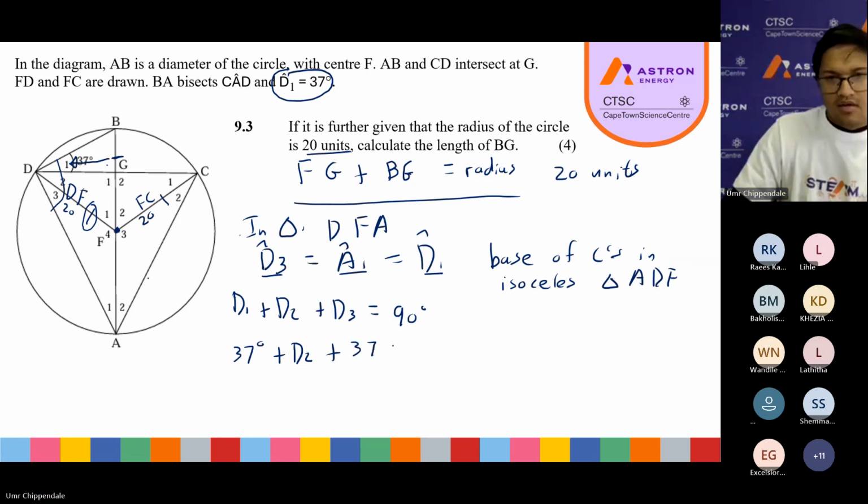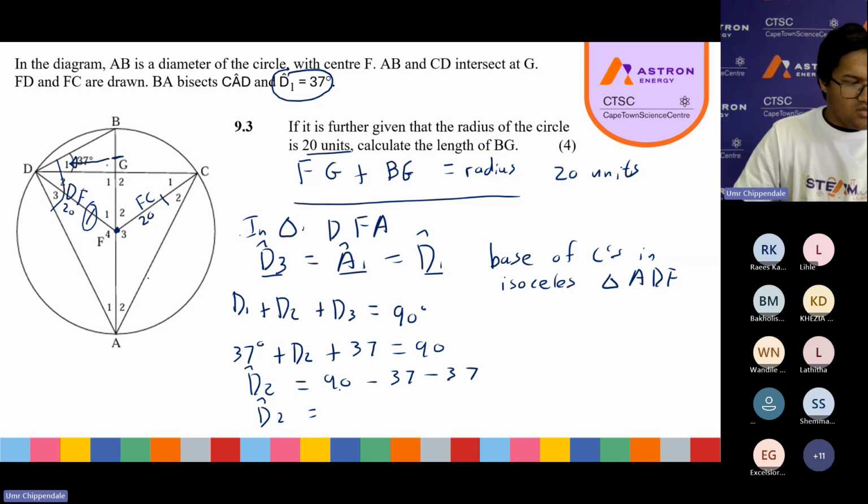Equal to 90. We make D2 the subject of the formula. So that is 90 minus 37 minus 37, and that's going to be equal to, so angle D2 is equal to 16 degrees. So that's how we now know what this full 90 is.